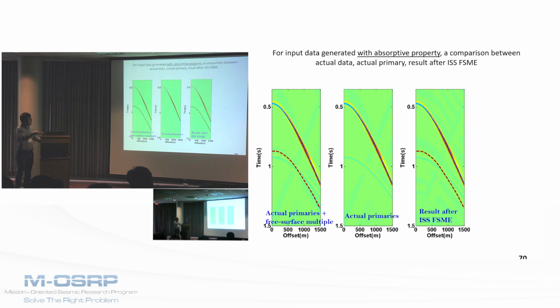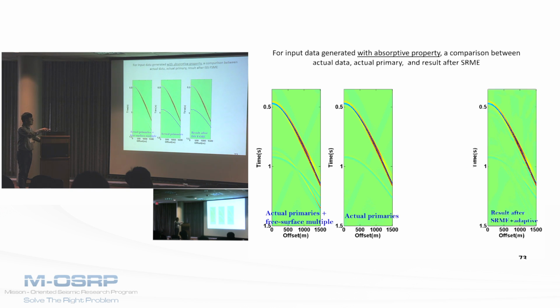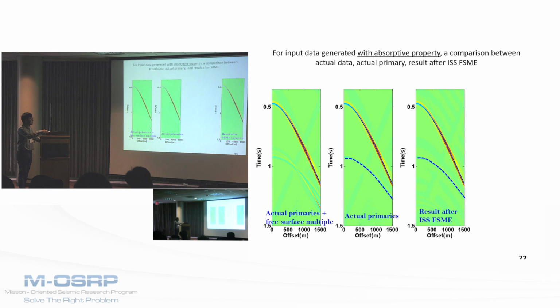See, in the result by the ISS method, the free surface multiples are removed. See, there's one event here. The free surface multiple is removed, and the primary is nicely recovered. Then let's see the SRME method.